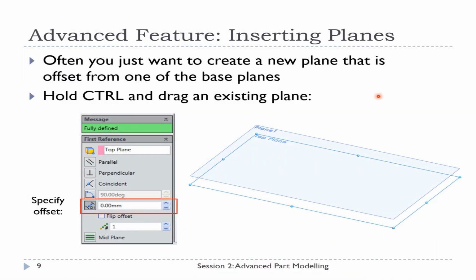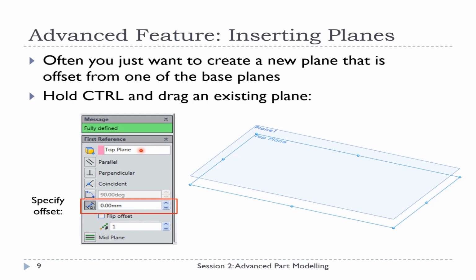So one way of inserting a plane is using any existing sketch or faces. We can also insert a plane just parallel to one of the existing planes at certain distance.